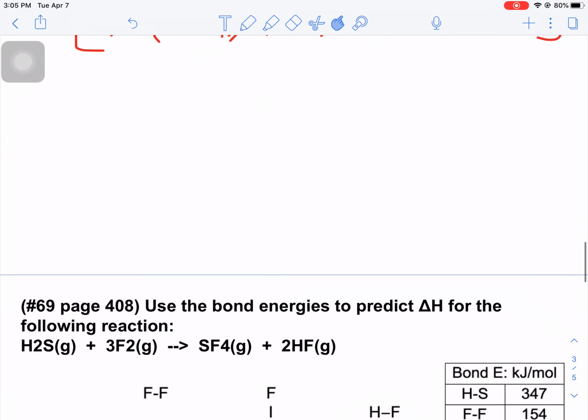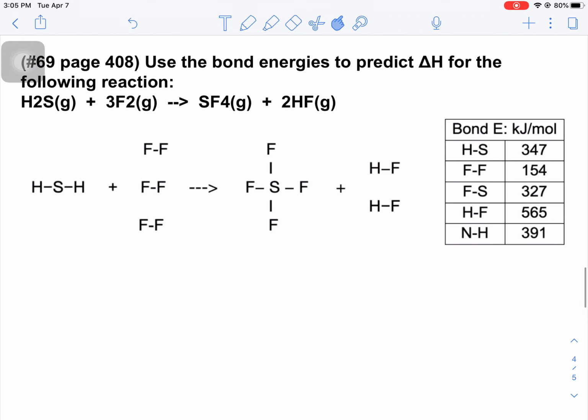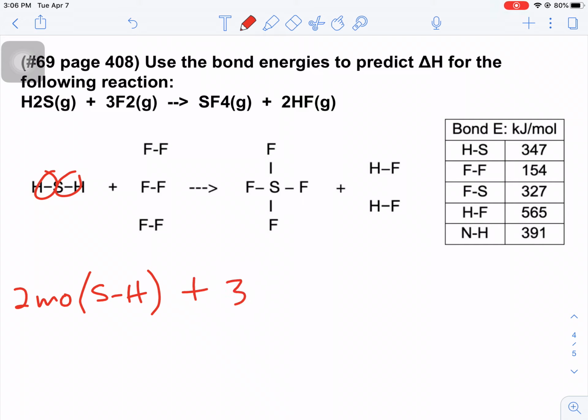All right, a couple more examples. For this one, I've given you some pretty big hints. You're going to get 2 moles of SH bonds, because if you count them, there's 1, 2 moles. And you're going to get 3 moles of fluorine-fluorine single bonds. So these are the bonds that need to be broken.